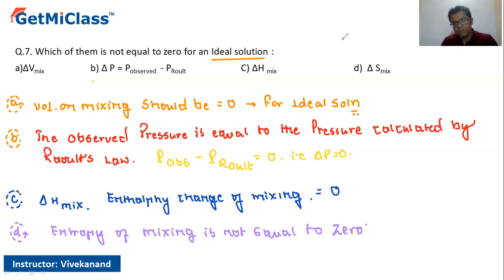So therefore, one would say that the expression delta S is not equal to 0 would serve as the correct answer. So delta S, option D, is not equal to 0. Thank you.